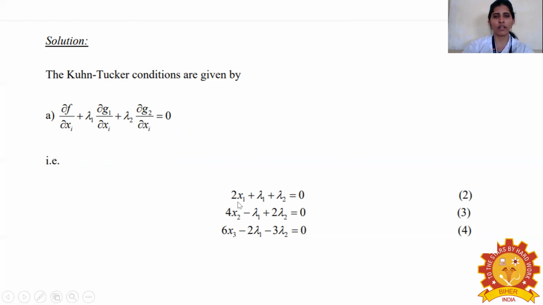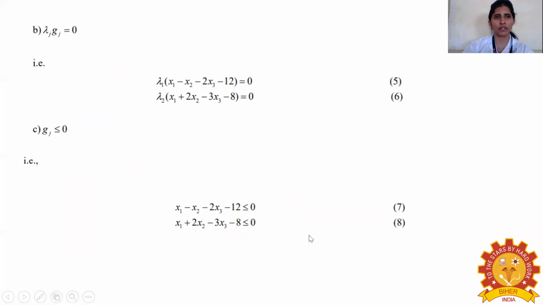From equation 1, when we differentiate, we get 2 x1 plus lambda 1 plus lambda 2 equal to 0, which we name equation 2. And 4 x2 minus lambda 1 plus 2 lambda 2 equal to 0, which we name equation 3. And 6 x3 minus 2 lambda 1 minus 3 lambda 2 equal to 0, which we name equation 4. Then we have to use the condition lambda j gj equal to 0.